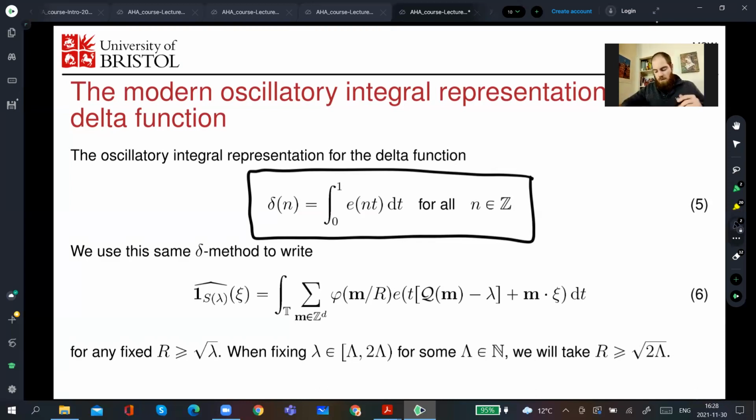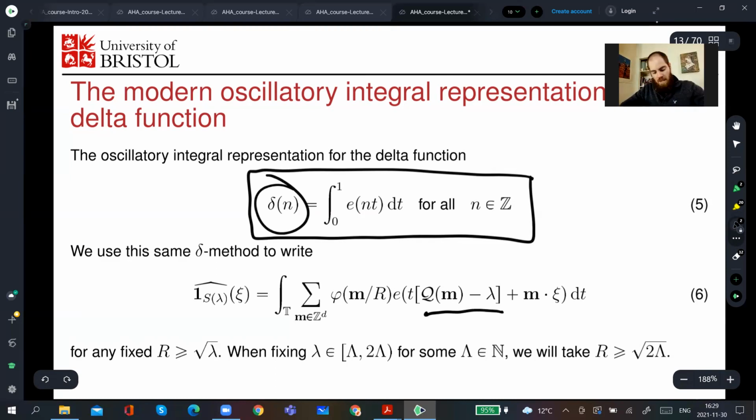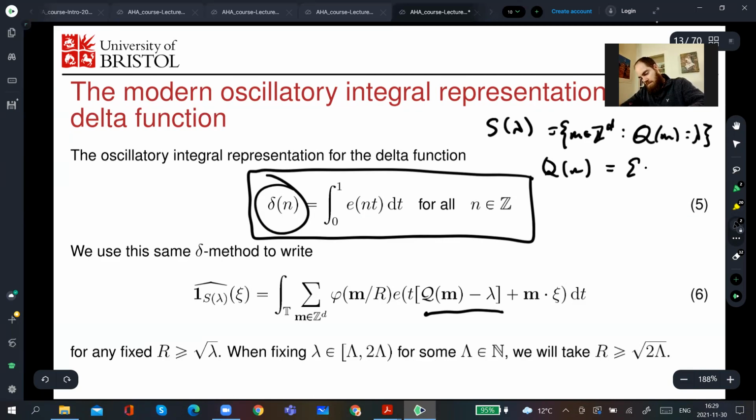So we use this delta function condition by testing when we have a point on the sphere, right? So I want to know S_lambda, of course, just to remind you, was all the integers such that this was true, and Q of m I've just written is the sums of squares in d dimensions.